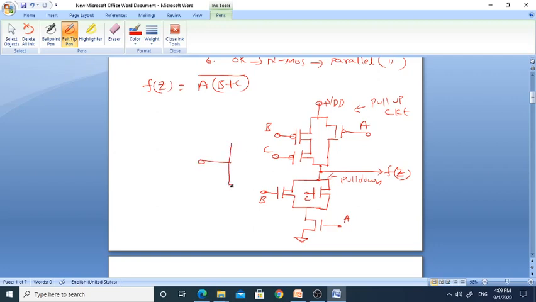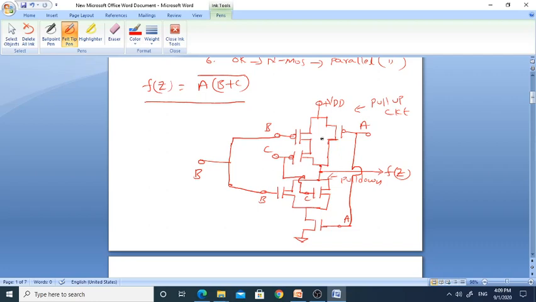We can join B and B, so this is for B, and take C, so C is over, and A. So this is the functional behavior of F(z).